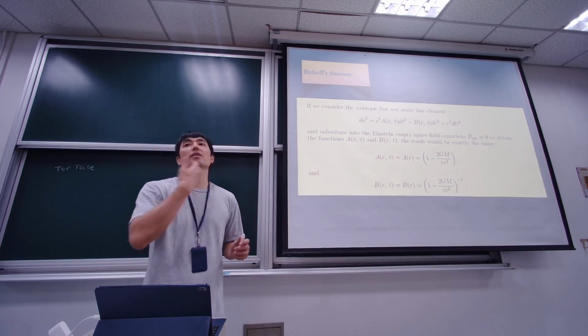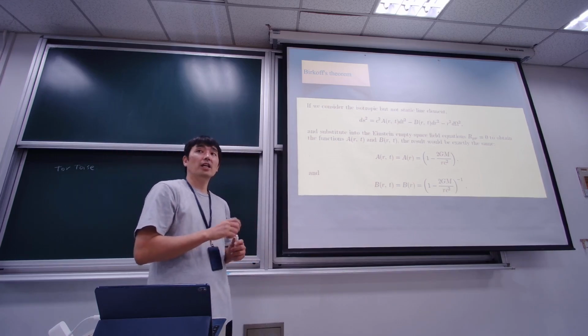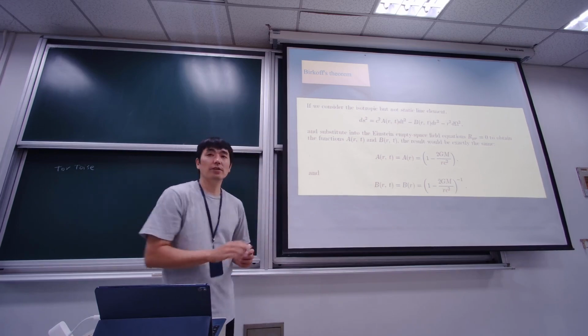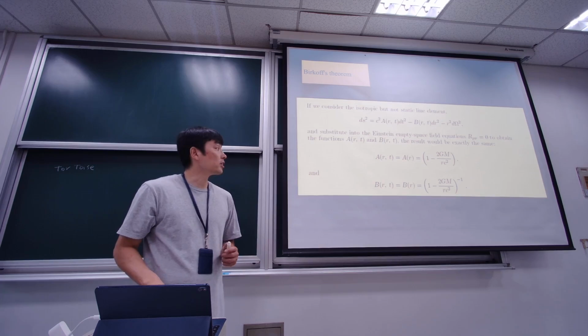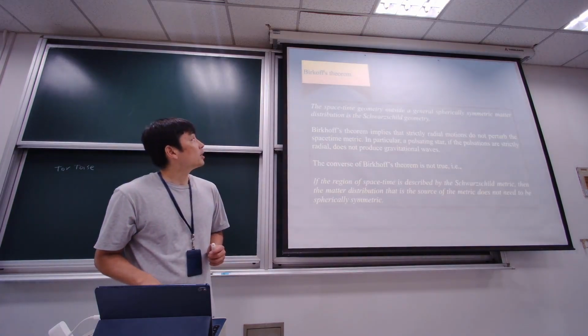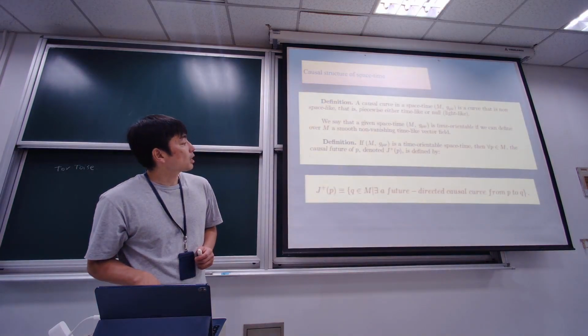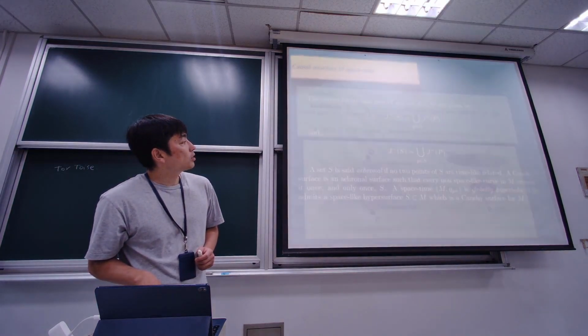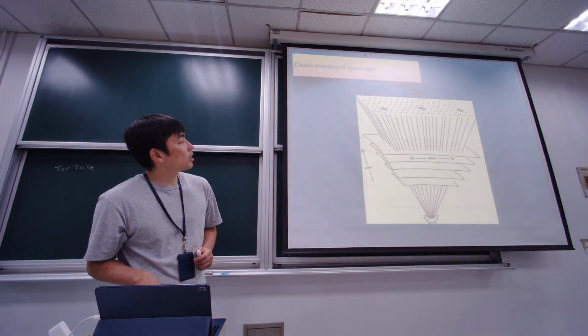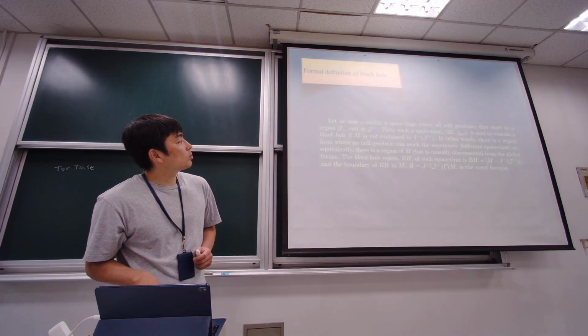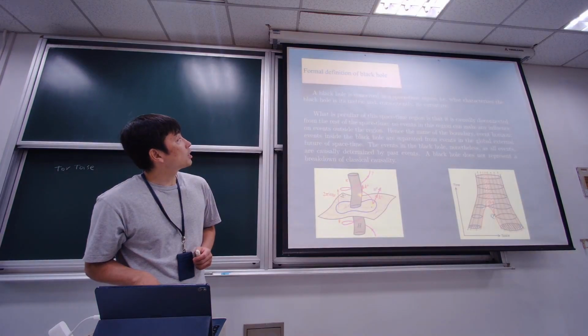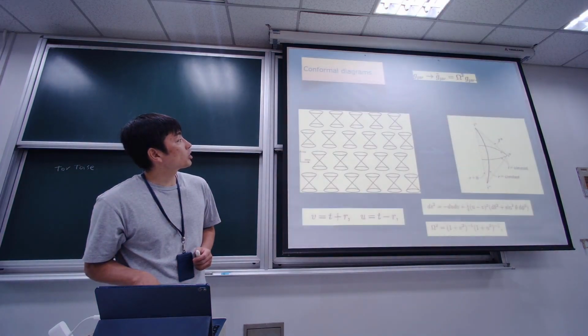You only assume that the metric is spherically symmetric and satisfies the vacuum equation, and then you can derive the Schwarzschild metric. That is called the Birkhoff theorem. Okay, so that's what we're going to see. We don't need to go into the detail; I think those are what we are going to see in the coming lectures.